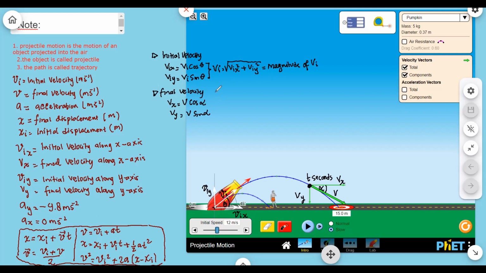If the question needs you to find the angle of elevation or the initial angle, you can also use the formula tangent theta equals Viy over Vix. Same thing for the final velocity. The magnitude of the final velocity is V equals the square root of Vx squared plus Vy squared, and then tangent alpha equals Vy over Vx.